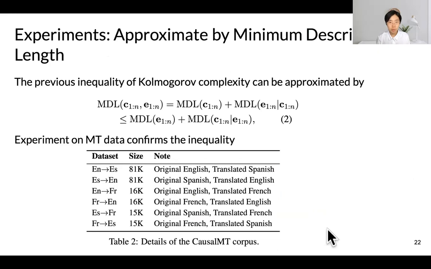In terms of experiments, we approximate this Kolmogorov complexity by minimum description length. And we collected machine translation data and showed the trend on machine translation data with clear causal direction.